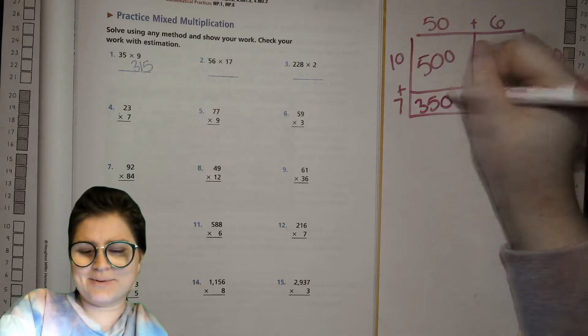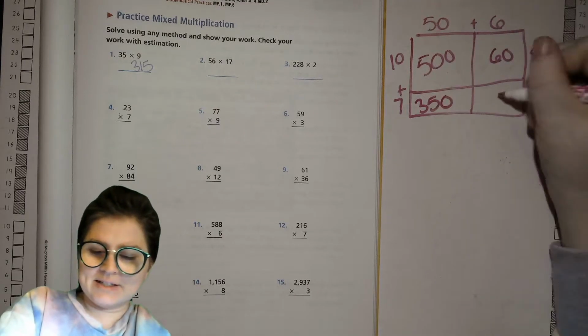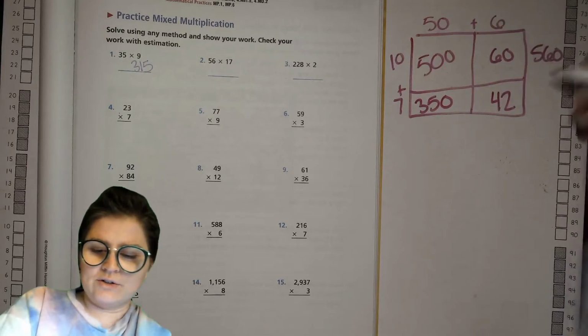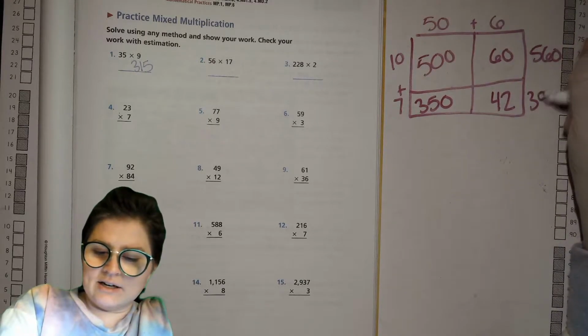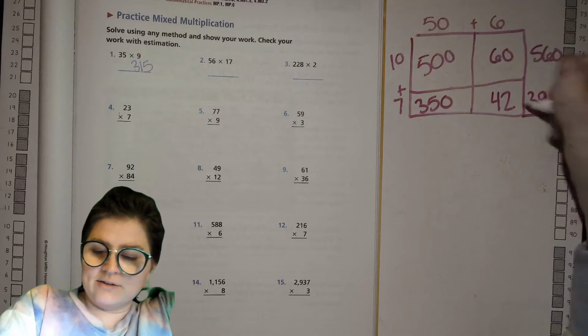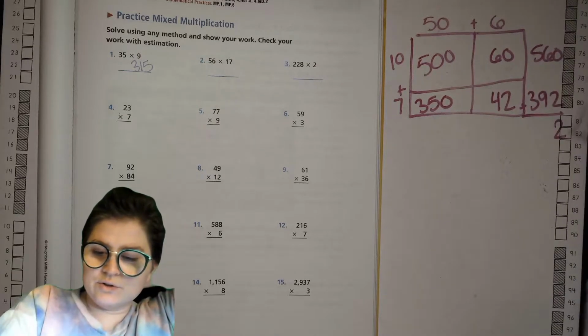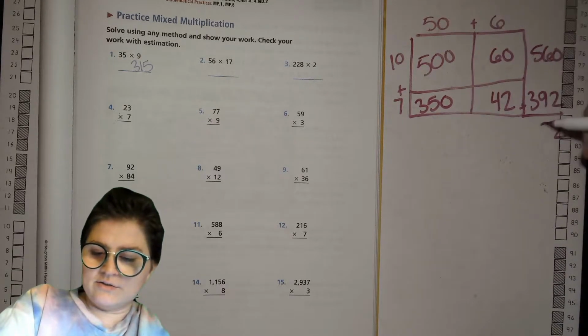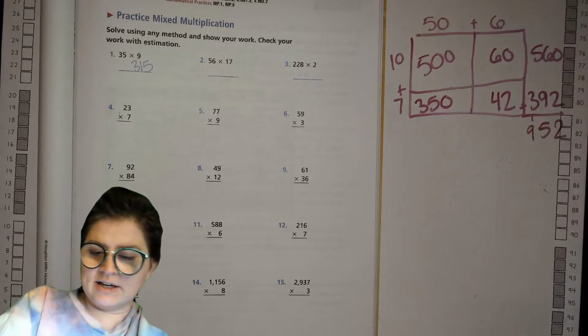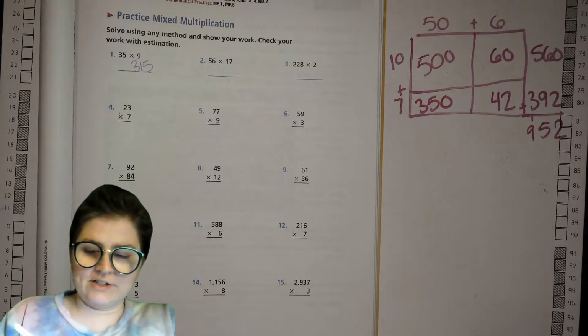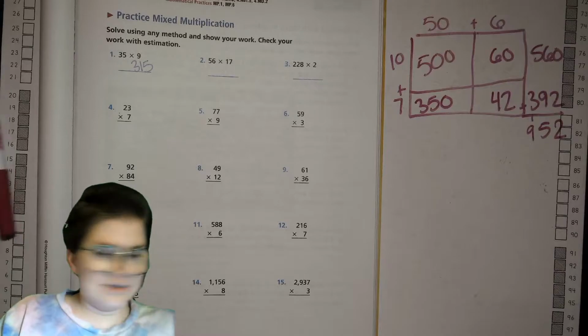Times that by 10 is 350. And then 7 times 6 is 42. So then that's 392. If we add those up, 2, 15, 9. So 952. Let's write that down.